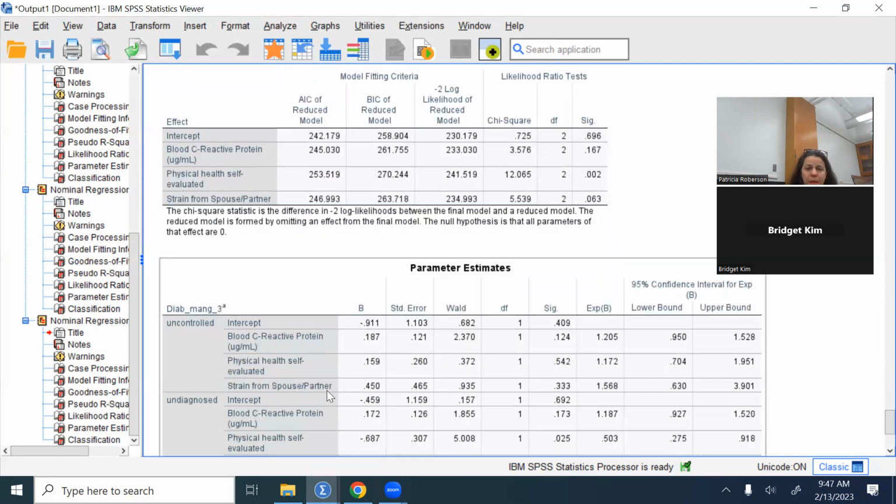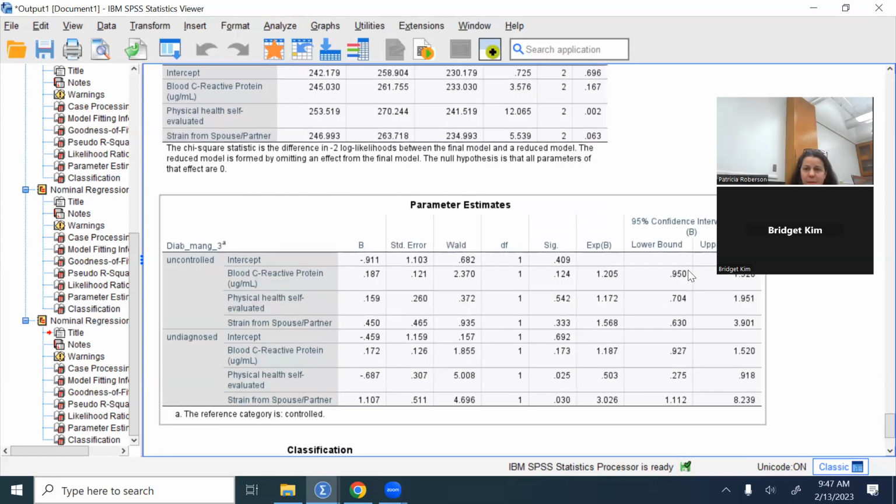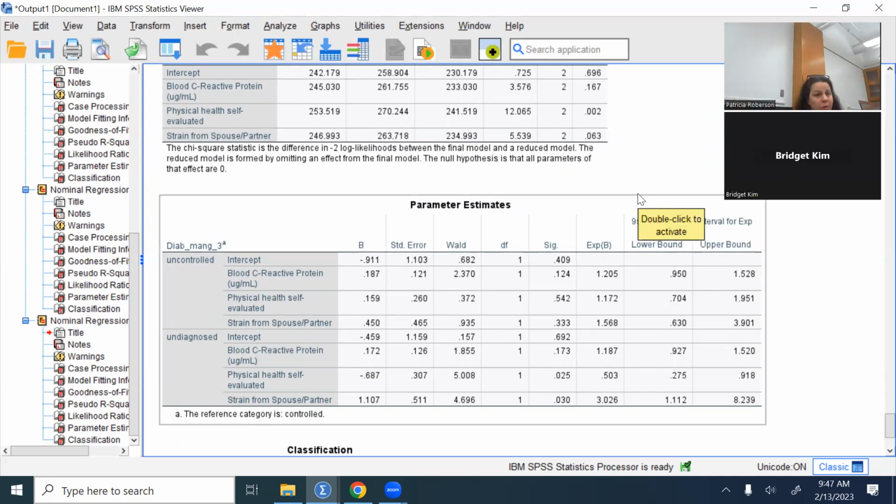And then we get to the parameter estimates. This is where we have to remind ourselves it's compared to the controlled group, right? So that's how we have to interpret these parameters.